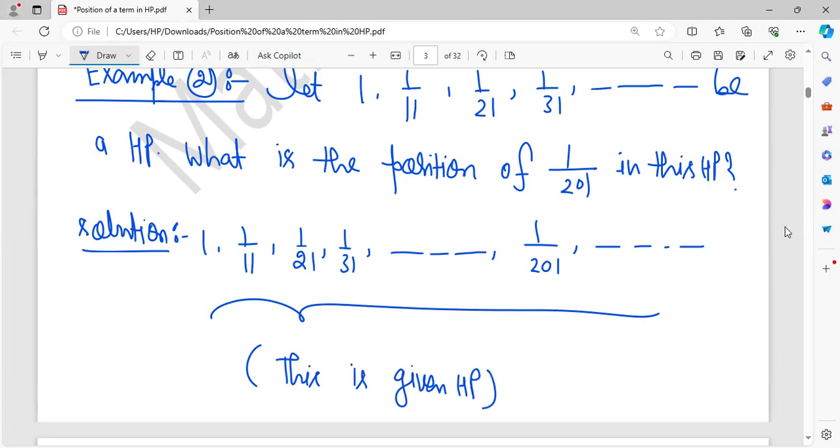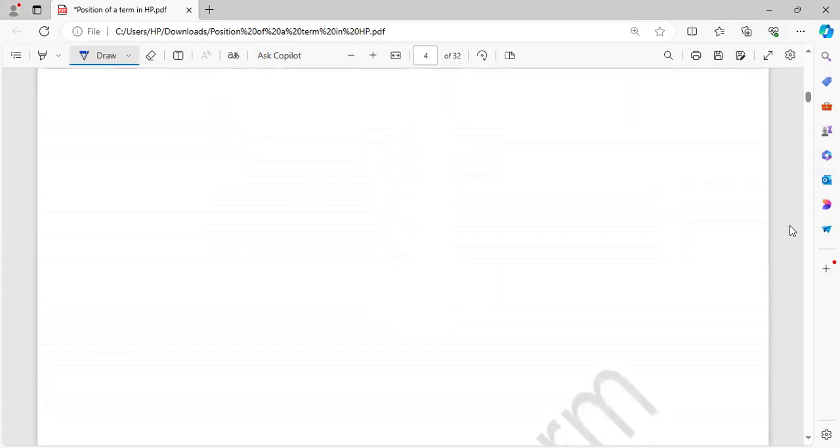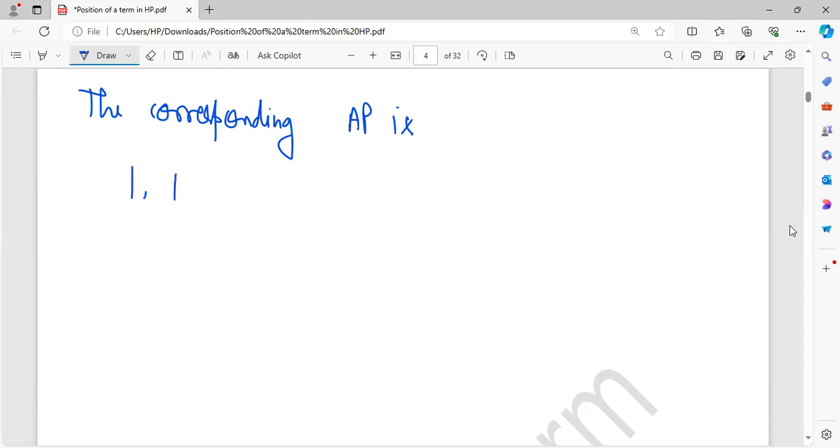So the corresponding AP is 1, 11, 21, 31, and somewhere 201 will be there, and so on.